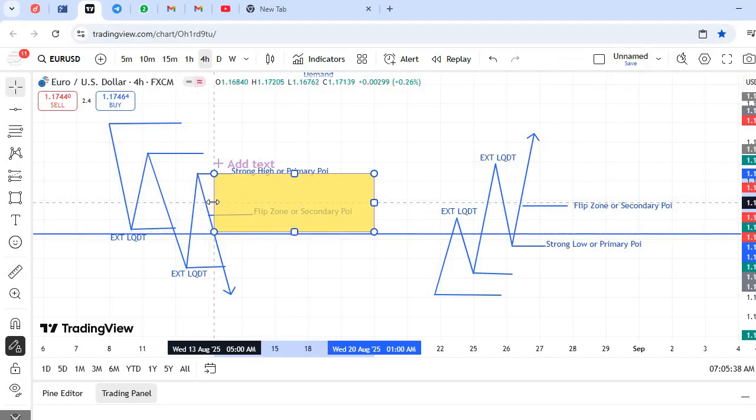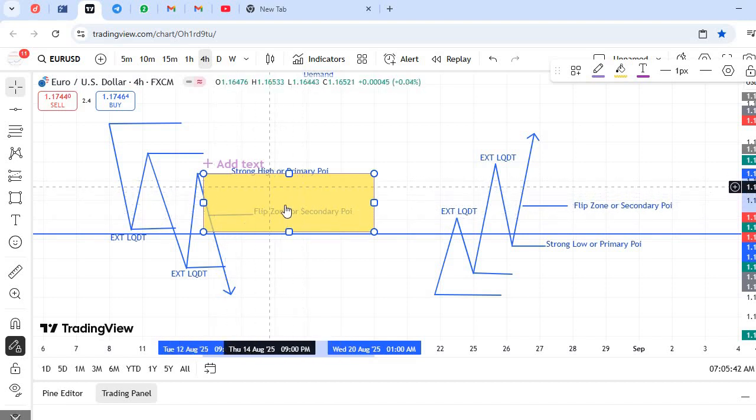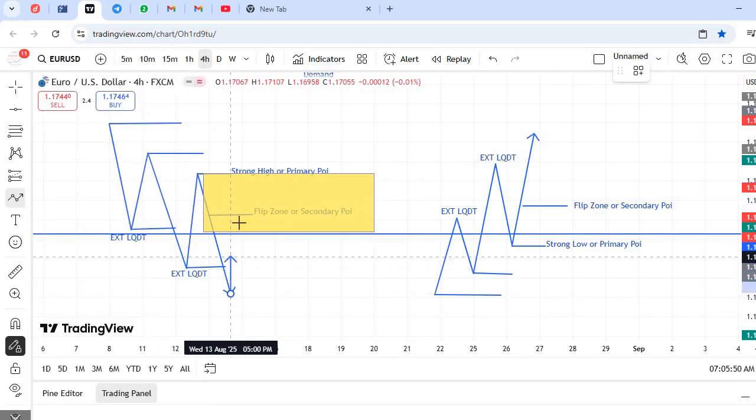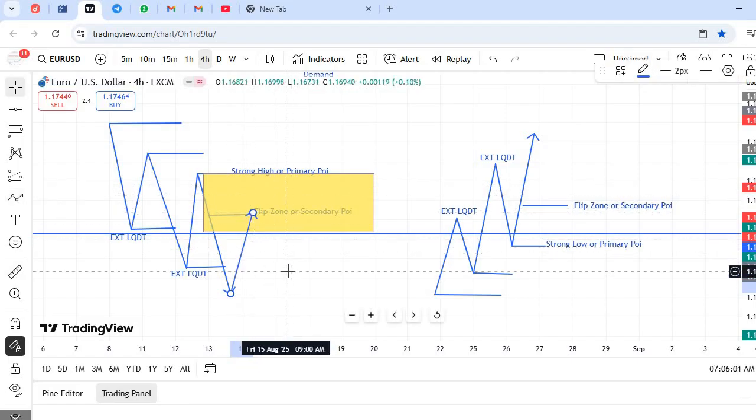So this circle now, that's where you want to buy from. Price is expected to reverse. Once price crosses this 50%, you can buy from anywhere inside this zone. Are you with me?